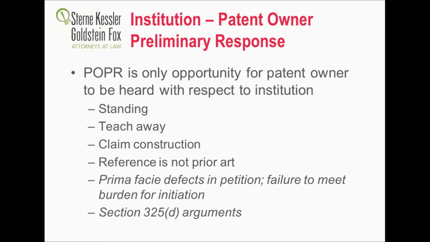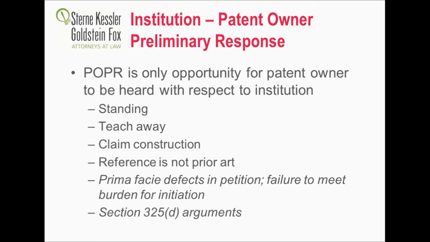They want to hear about references, not prior art. But I think that with respect to the falling institution rate, the points that I've put in italics are becoming more important. If, as a patent owner, you think there is a prima facie defect in a petition, where a petitioner has, for example, neglected to deal with an element of an independent claim, or with respect to proving up its obviousness case, if a petitioner hasn't fully developed each of the Graham v.